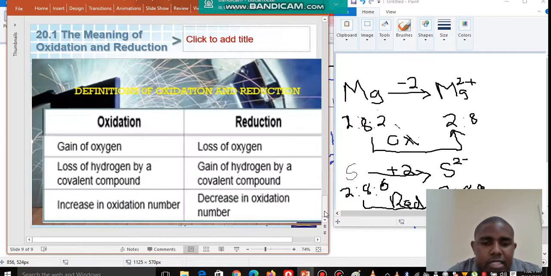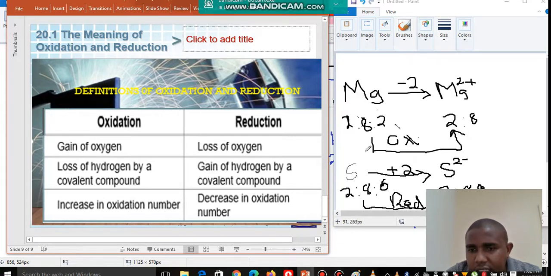Now, to summarize our lesson, let's go back to the 4 definitions that we've seen so far. We say oxidation can just be the gaining or addition of oxygen, while reduction can just be the removal of oxygen. But also we saw that oxidation can be an increase in oxidation number.